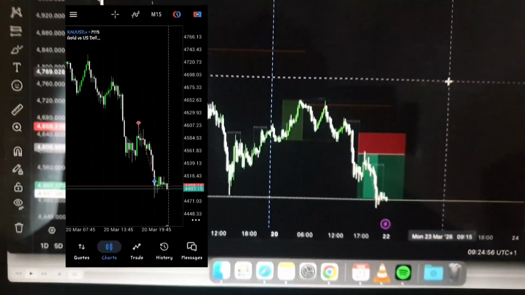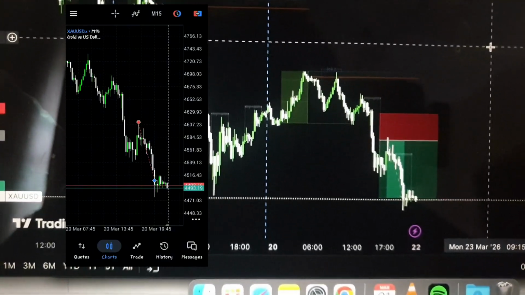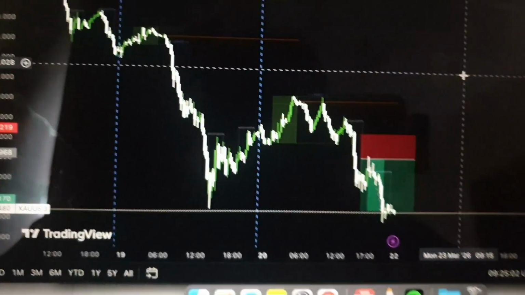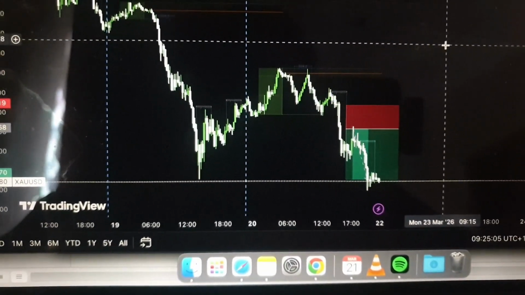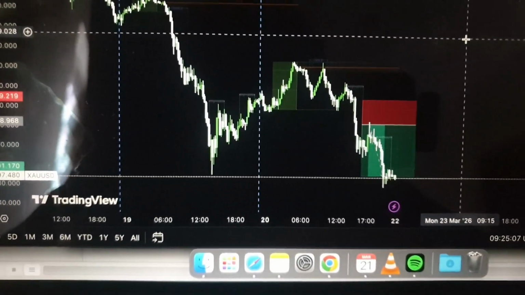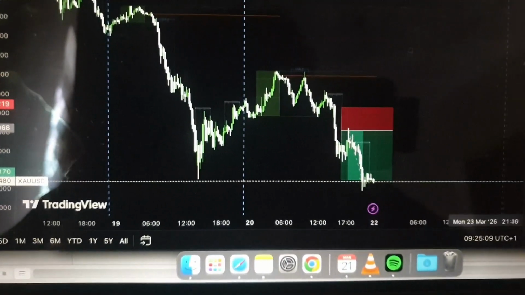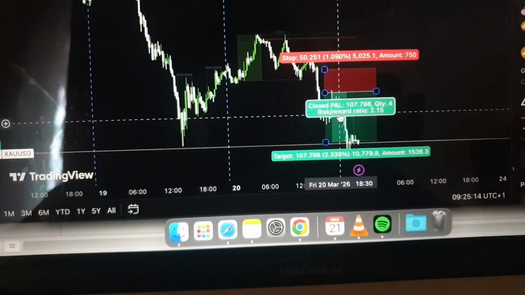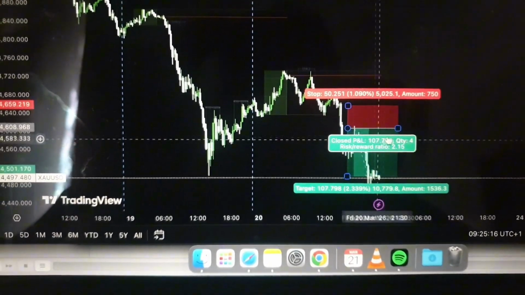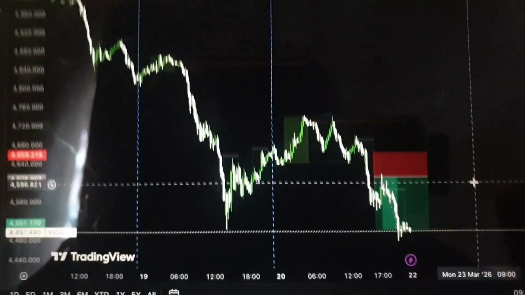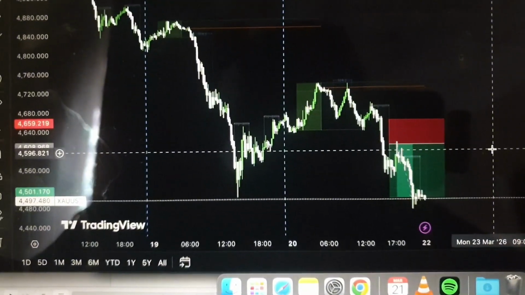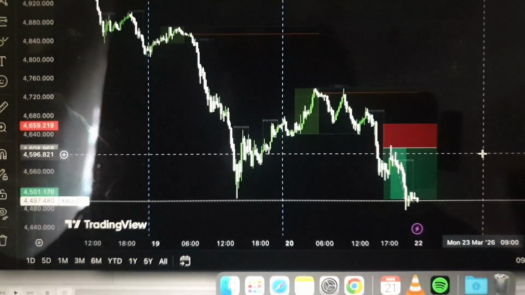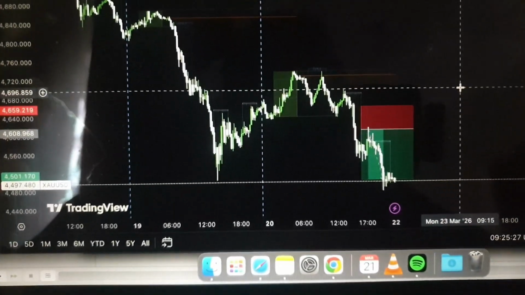So here was the one I took on gold. Why did I take the gold trade? Because silver and gold work in the same direction. Anything silver is doing, gold will be doing the same. I knew the fundamentals on Friday were in favor of USD, because there's no demand for gold: with the Iran war, the US is trying to calm down, and Donald Trump is not sending new troops to Iran.